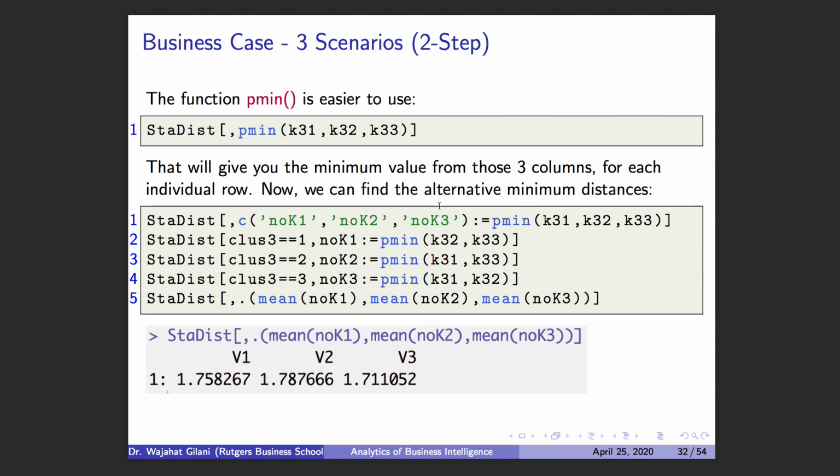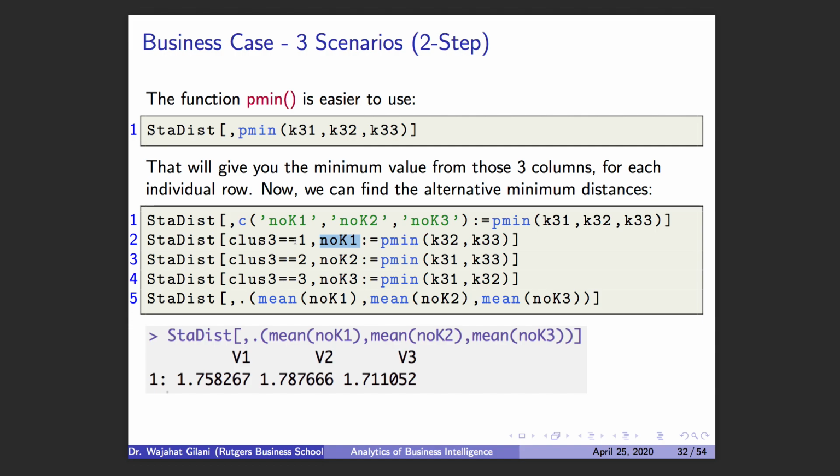So what I can do is say, I already know that anywhere cluster 3 equals 1, K31 is my closest bike station. So in that scenario, no K1 is basically going to give me the next minimum value, because K1 is my minimum value.